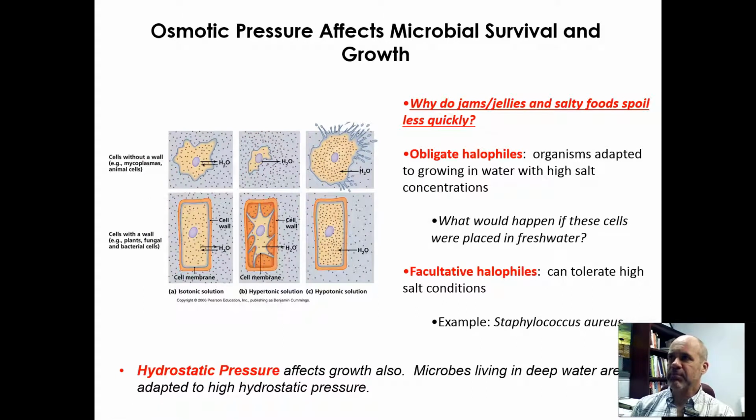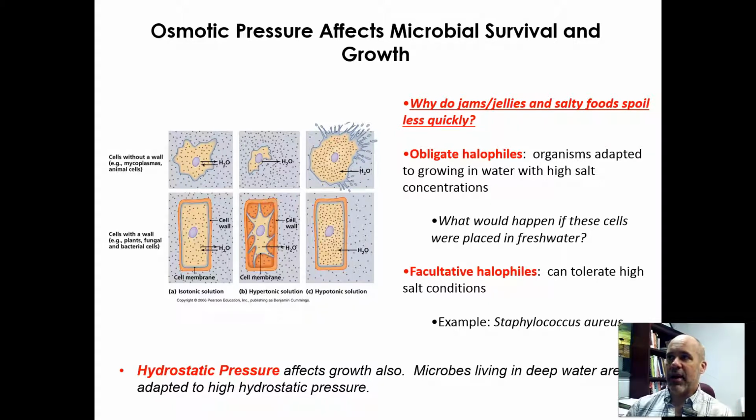All right, then osmotic pressure. Different microorganisms will vary according to the osmotic pressures they like. And remember, osmosis is governed by or controlled by solute concentration. Water is attracted to solutes. So when we talk about a cell sitting in an environment that's isotonic, hypertonic, or hypotonic, that means relative to the intracellular fluids.